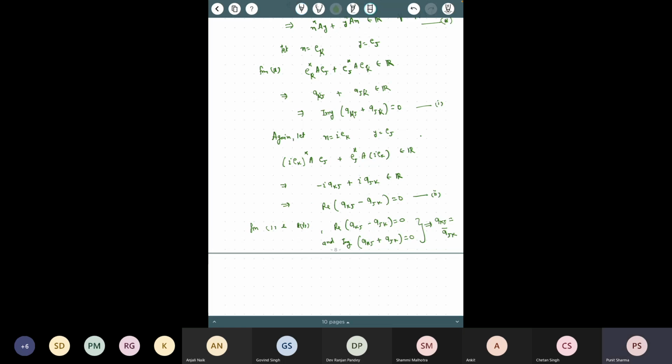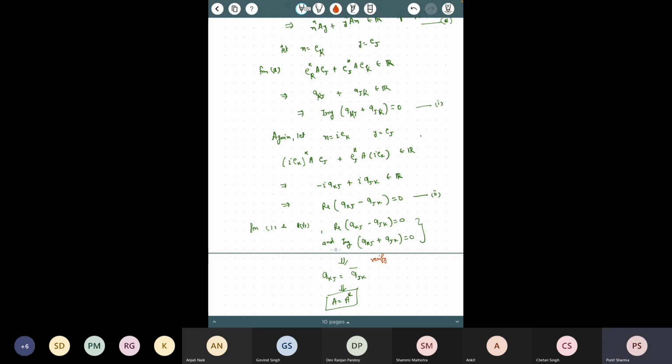Can you see it? Just verify this. These two equations imply that a_kj is equal to a_jk bar. But then this implies that A is equal to A star. A is Hermitian.